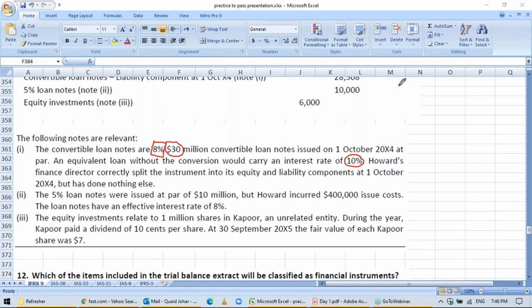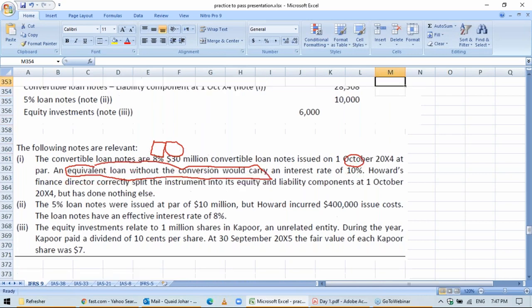Now what happens is that the director has correctly split the instrument into its equity and liability components. So you can see in the question that the director has correctly categorized the receipts into the liability and the equity component, right?